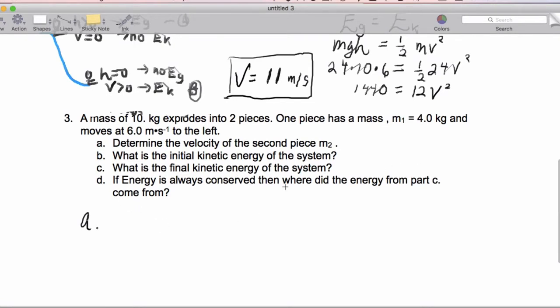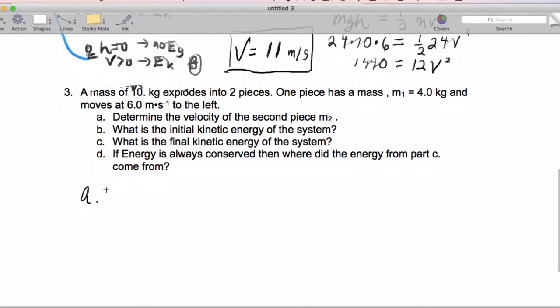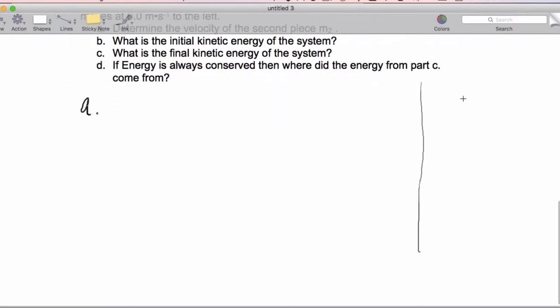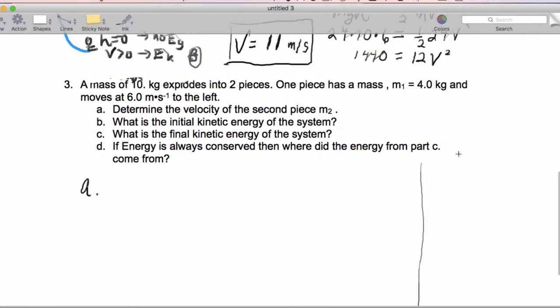So let's be clear. Let's actually kind of draw a picture here. I'll do that over to the right, and this is what I'll note in part A. So for part A, it's like I have 2 pieces. I have an M1 and an M2.